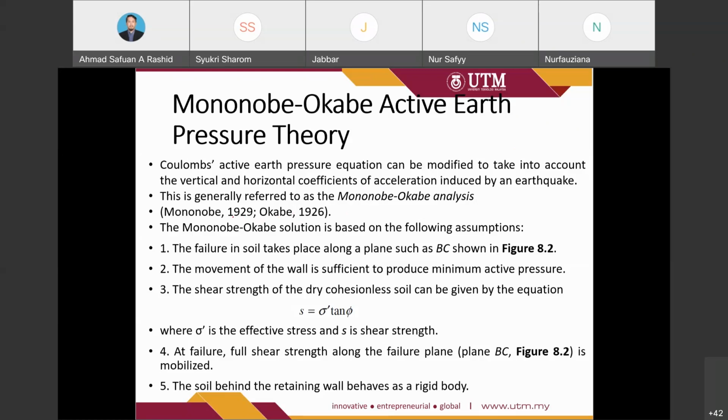Mononobe-Okabe has provided the solutions based on this static approach, or based on the Coulomb active pressure. The Mononobe-Okabe solution is based on the following assumption: the failure in soil takes place along a plane such as BC shown in Figure 8.2.